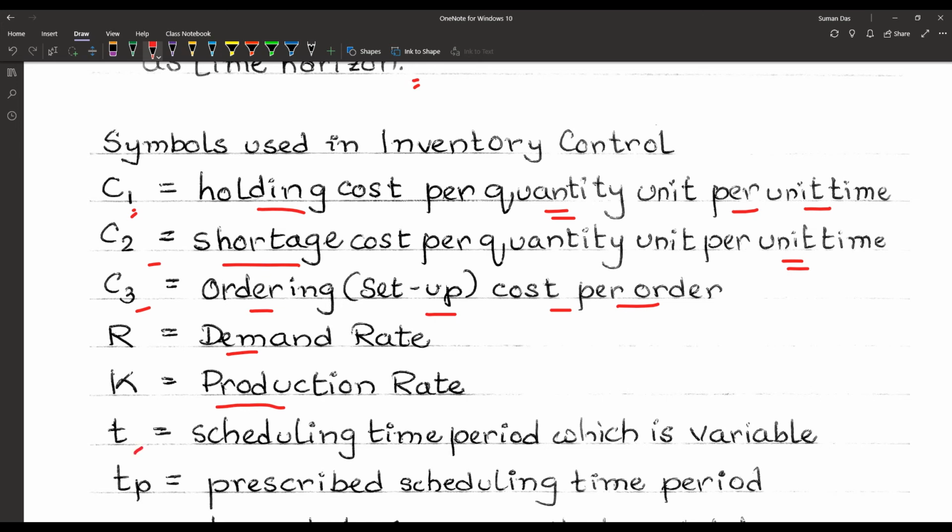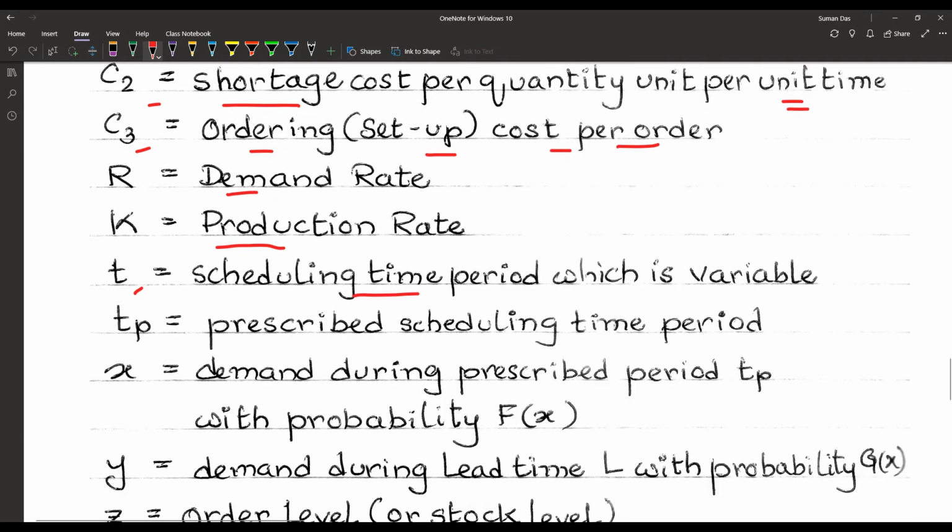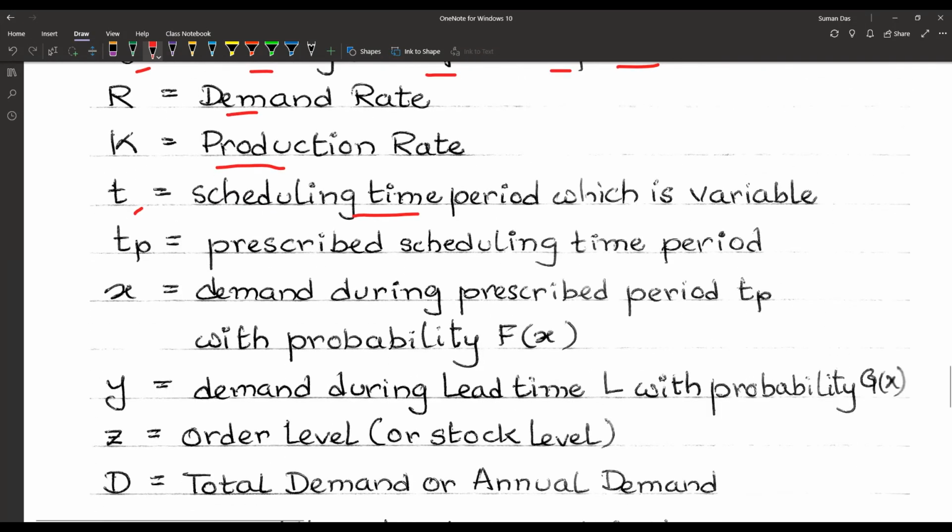Small t is the scheduling time period, which is variable. TP is the prescribed scheduling time period. Small x is the demand during the prescribed period TP with probability F(x). Small y is the demand during lead time L with probability G(x). Small z is the order level or stock level.